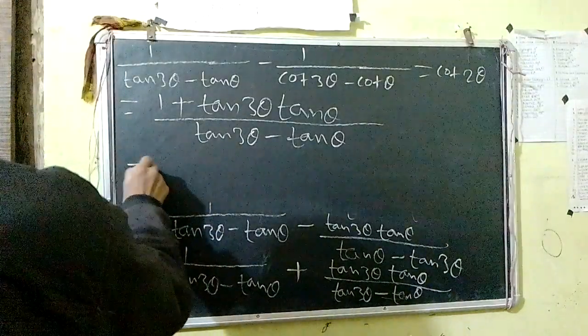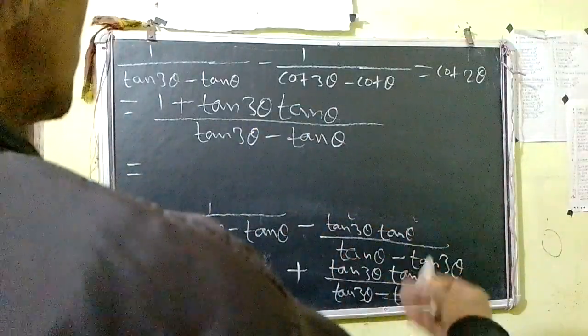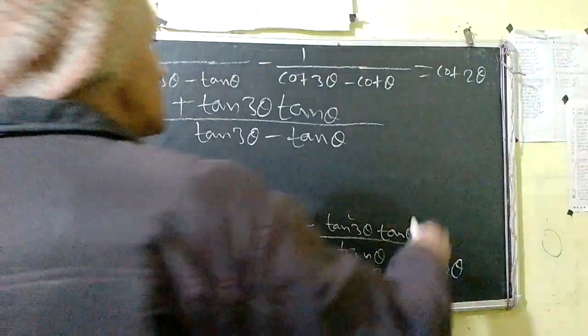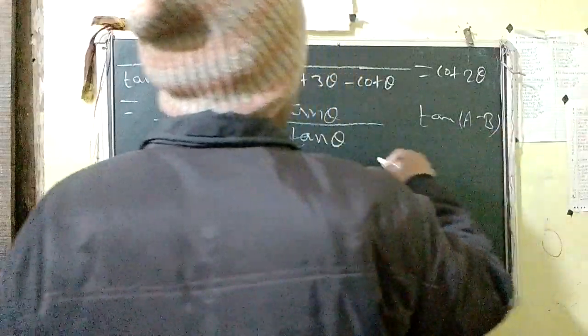Okay, this will be equal to, now this looks familiar as the tan a minus b formula, but swapped.